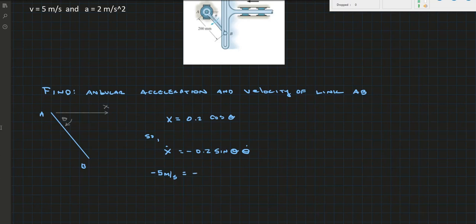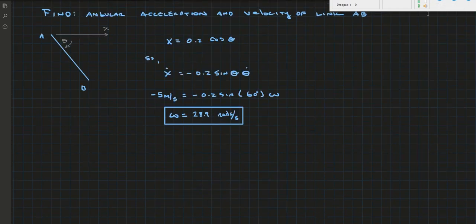And we have minus 0.2 sine of 60 degrees times omega, which we are looking for. One equation, one unknown. We'll be able to solve for omega. Therefore, omega equals 28.9 rad per second. Let's go ahead and box that.